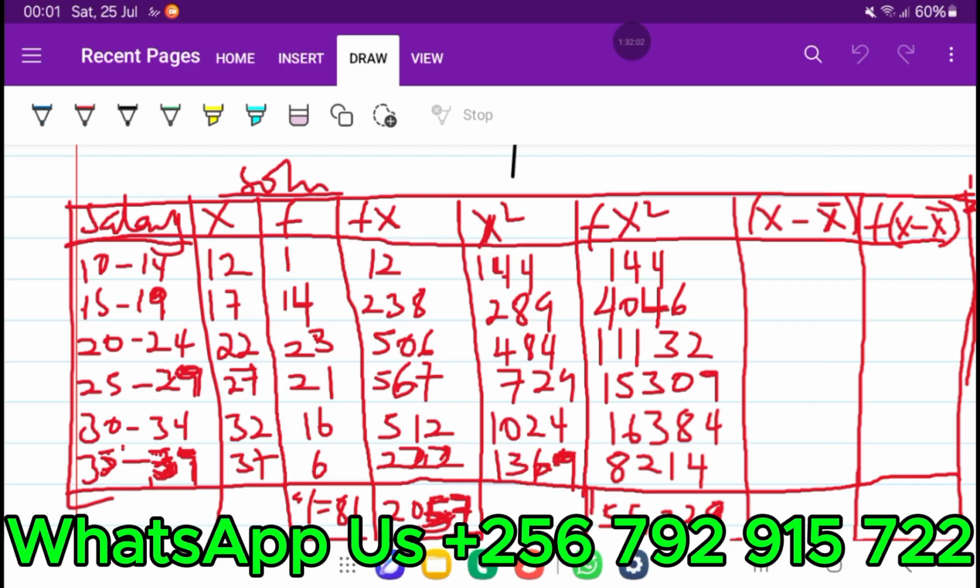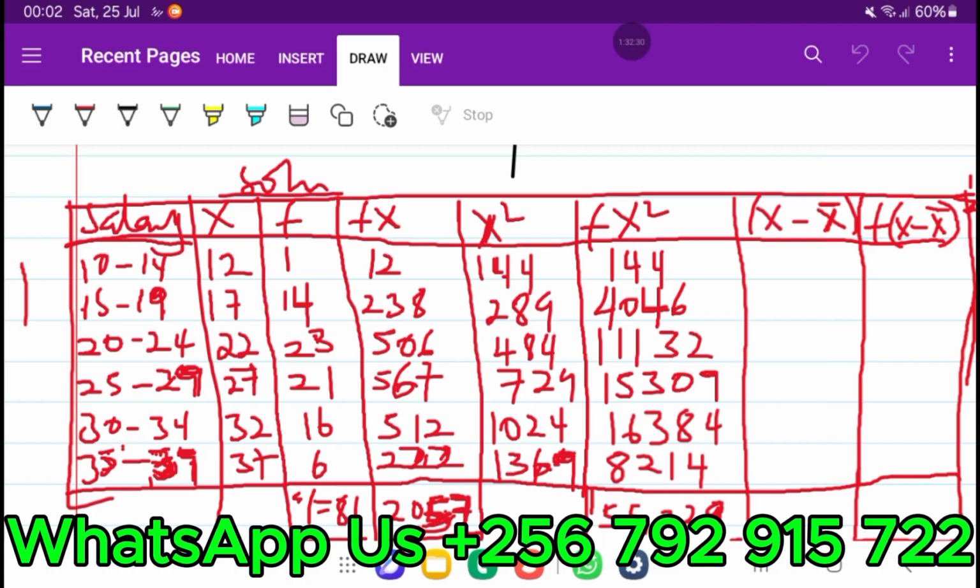Of course you have seen in that question they have not told you that it's a sample. Most of the time, if it is a grouped data set, we always assume that we have been given a population.